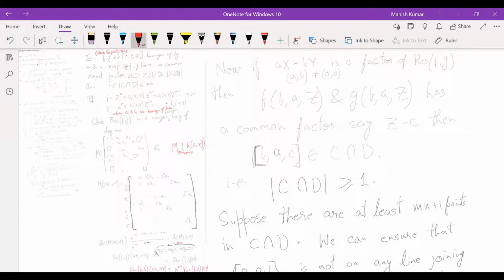If you plug in x equals b and y equals a, then what you get is f(b,a,z) and g(b,a,z) have a common zero.